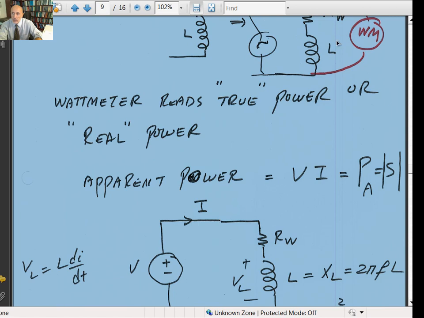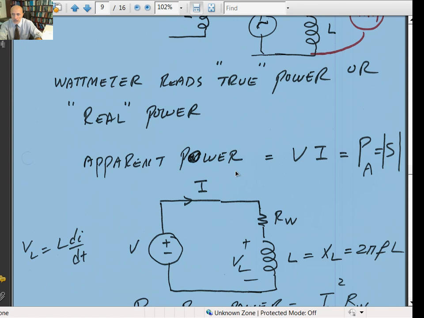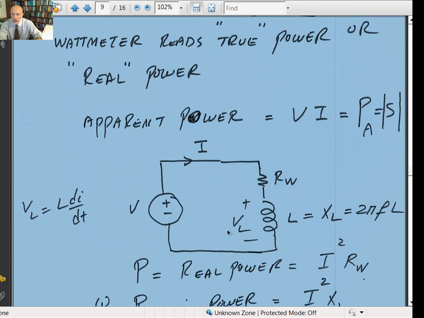So whatever this wattmeter is reading is actually the power that is dissipated inside the winding resistance of your load, in this case your inductance. And that gives the real power.